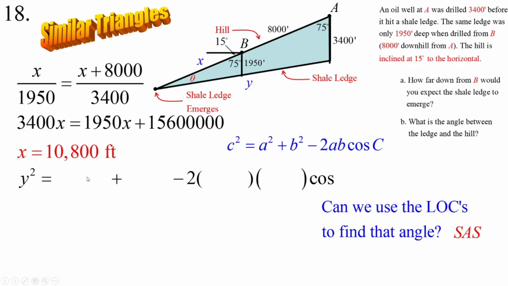And I'm going to have to square that. And then the other leg with this included angle of 75 degrees, that would be this 3,400. Let's square that. There's my a squared plus b squared minus 2 times the a, 18,800, times the b, 3,400, and then cosine of our included angle, which is that 75 degrees.